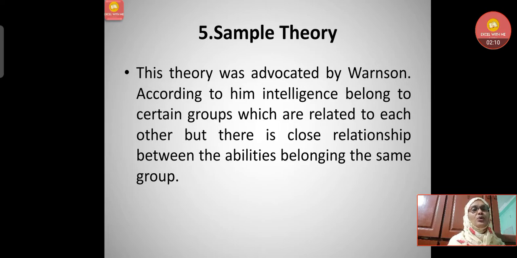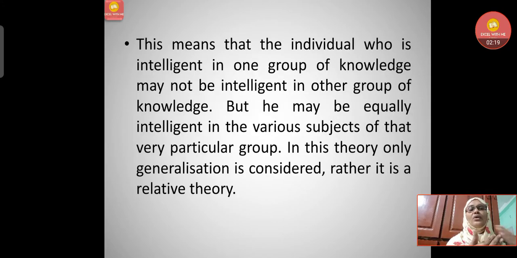There are different groups which have the same intelligence, and a few others which don't relate to each other. This means that the individual who is intelligent in one group of knowledge may not be intelligent in another group of knowledge.